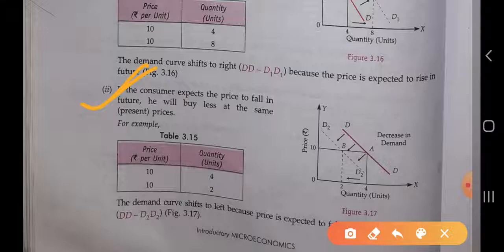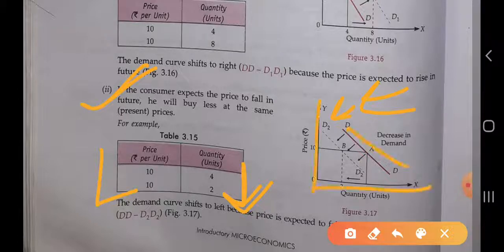At that condition, the demand curve will shift to the leftward. Here we have taken the existing, same price, and the quantity is decreasing because the price is expected to decrease. So in that condition, the curve will shift to the leftward.